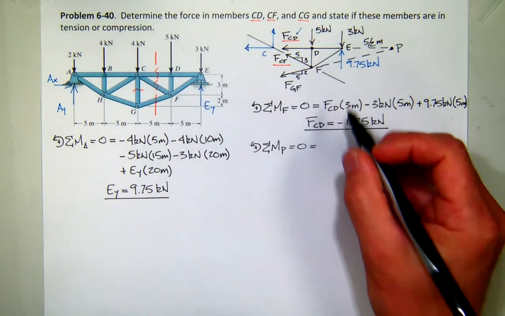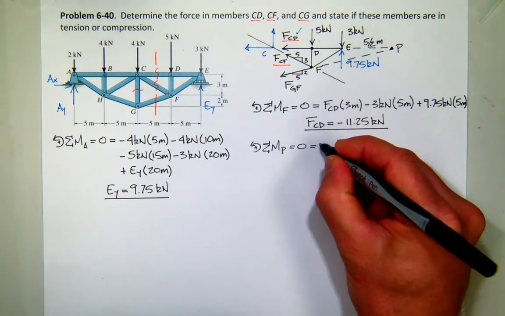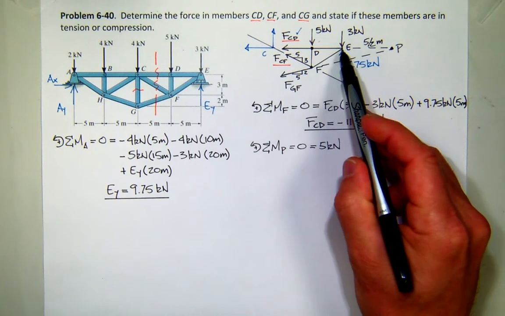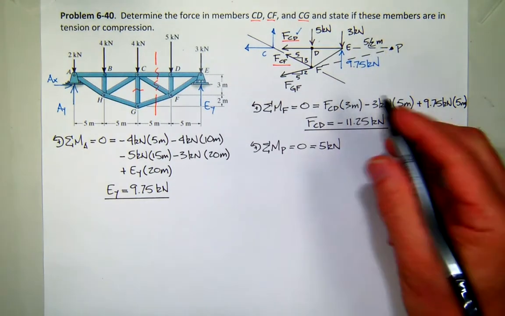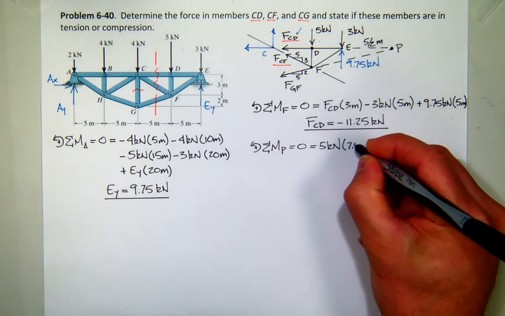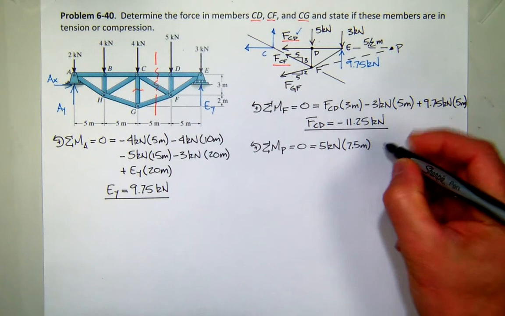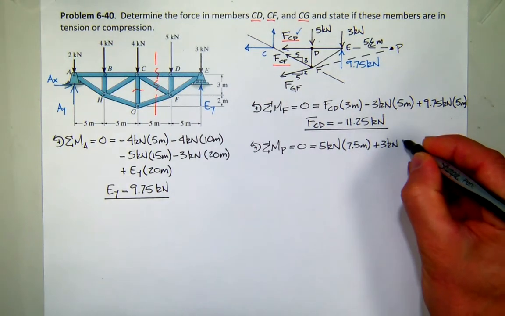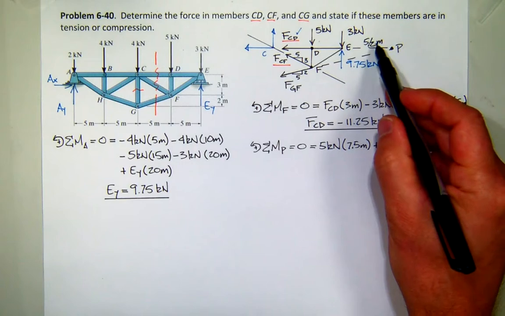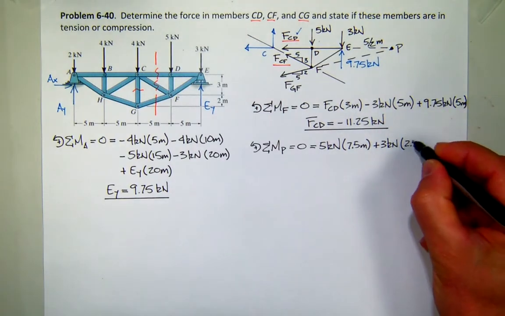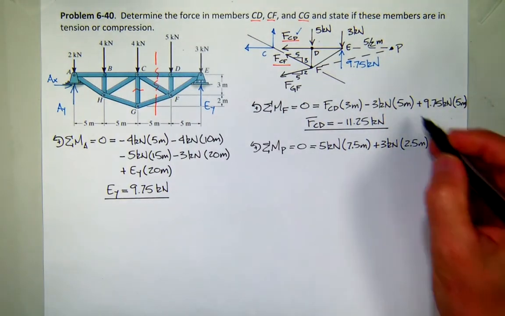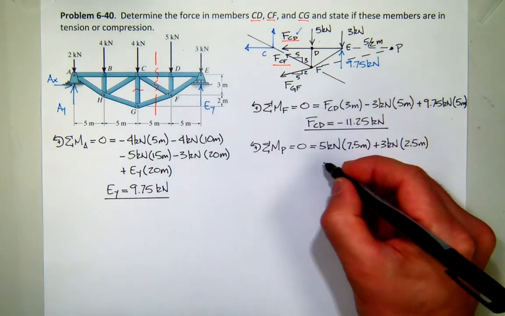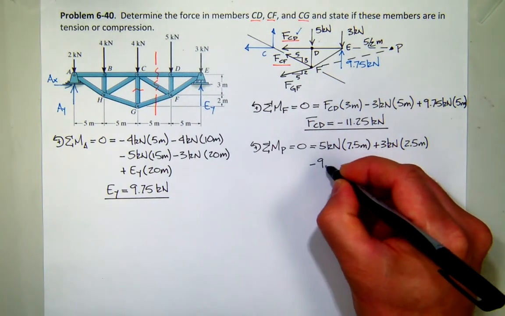The forces at the top are creating positive moments, so I'll have 5 kilonewtons. And what's the distance? It'll be 5 plus 2.5, 7.5 meters. Then I'll have positive moment created by the 3 kilonewton force. The distance from E to P is 2.5. The same is true for the 9.75 force, except it's creating negative moment.